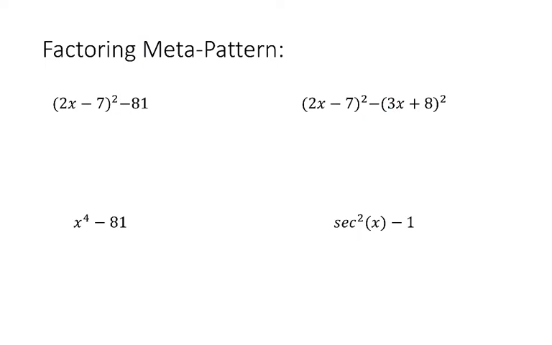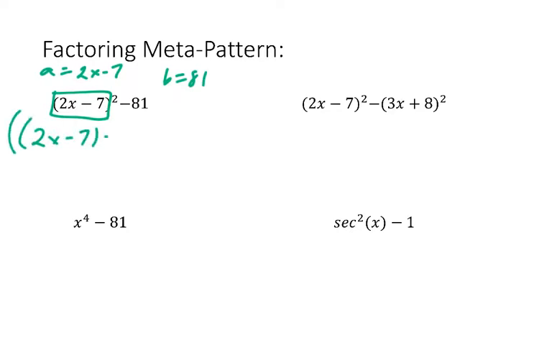Now, let's look at the meta pattern. My a is now an expression, 2x minus 7, and then my b is the 9. So I'm going to have 2x minus 7 minus 9, and then I'm going to have 2x minus 7 plus 9.